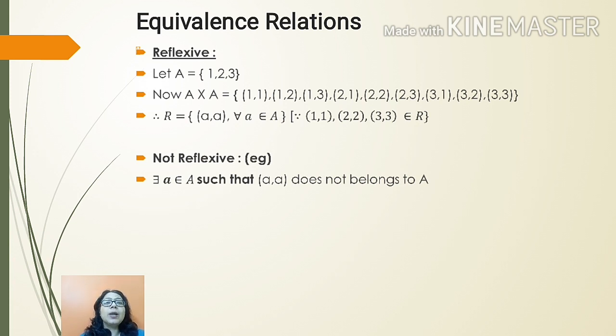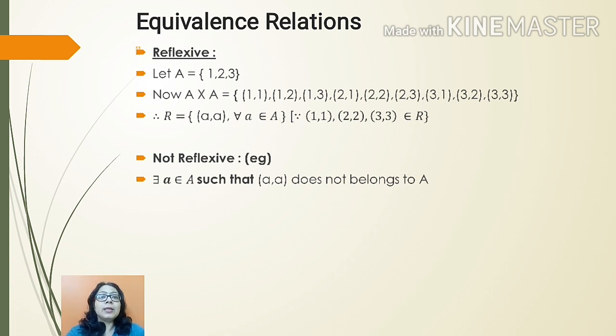R is equal to (a, a) for all a belongs to A. That means (1,1), (2,2), (3,3) all belong to R. So the relation is reflexive. If it is not reflexive, then (1,1) or (2,2), or any (a, a), does not belong to the relation.